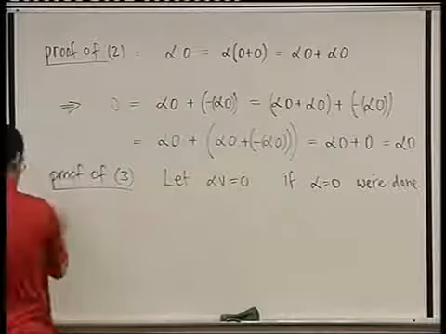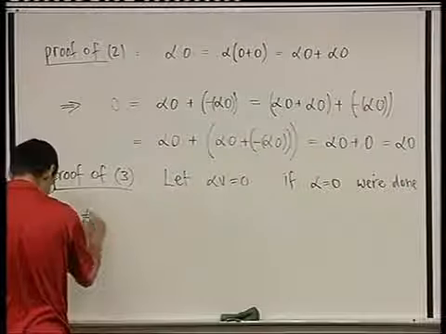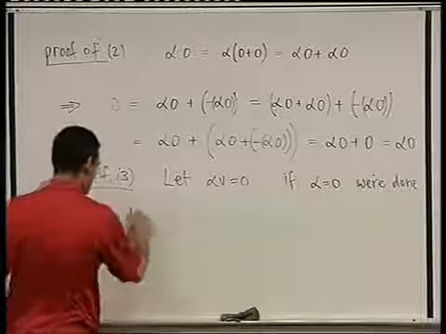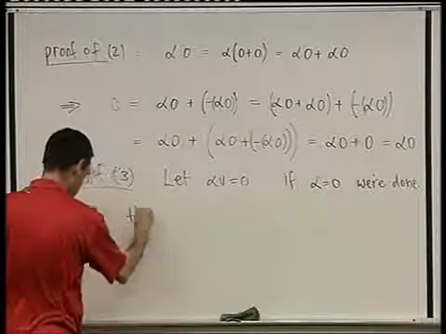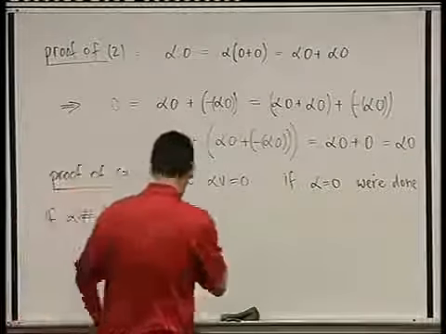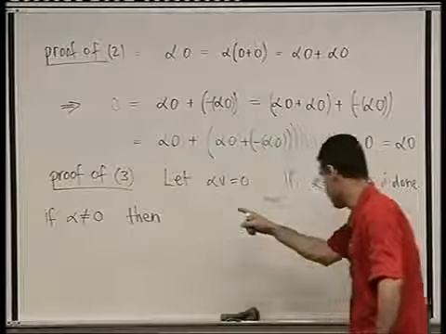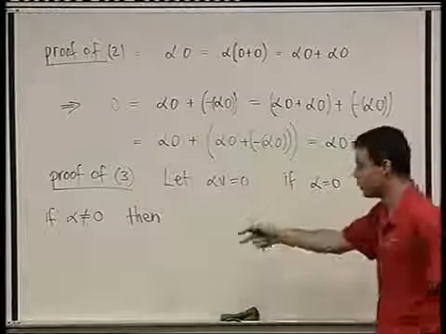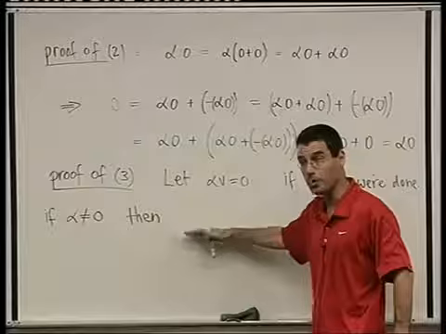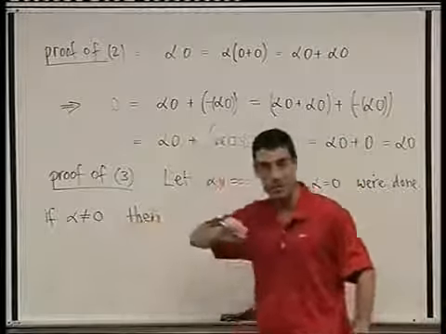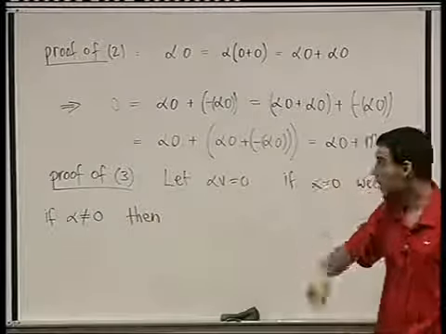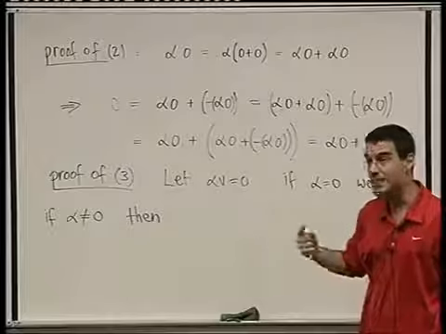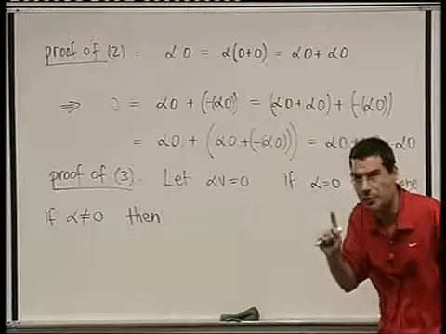So if alpha is not 0, then, and the reason I'm separating this case is also useful for what I'm going to write now. Remember that alpha is an element in the field. Okay? If it's not 0, it has a multiplicative inverse in the field.